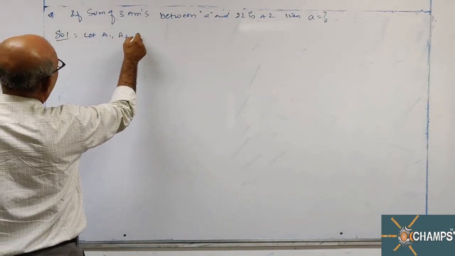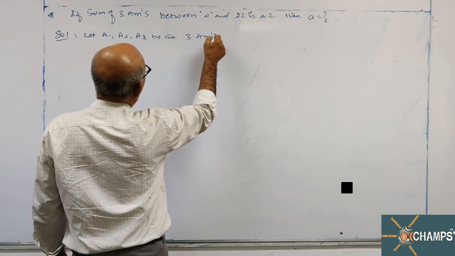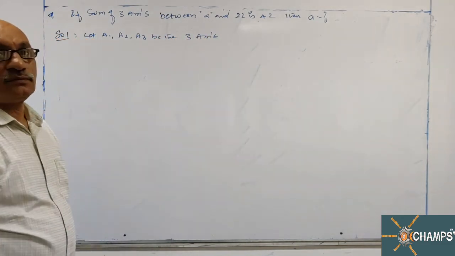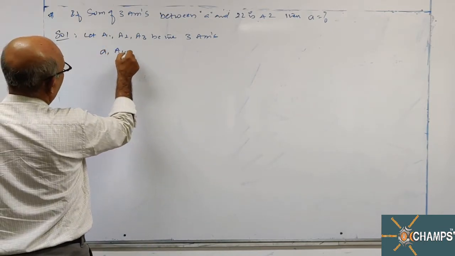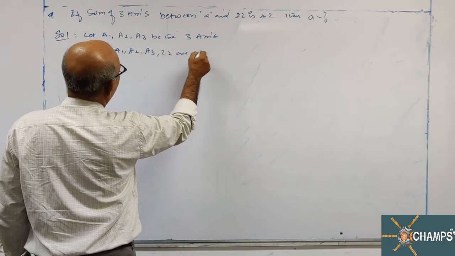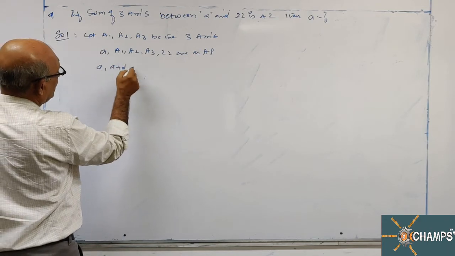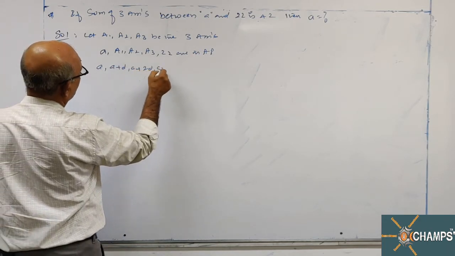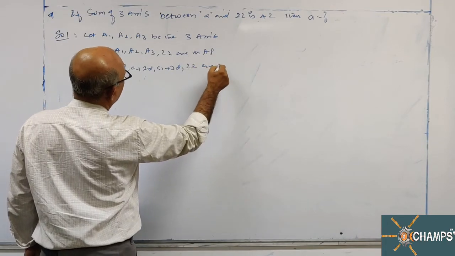Let A1, A2, A3 be the 3 arithmetic means. So A, A1, A2, A3, 22 are in AP. So A plus D, A plus 2D, A plus 3D, 22 are in AP.